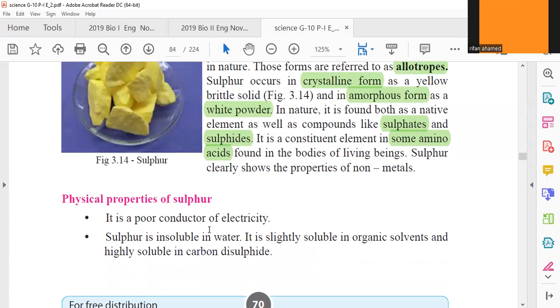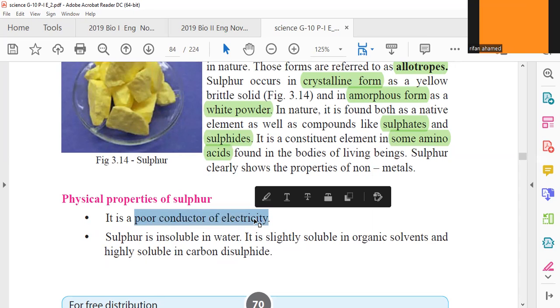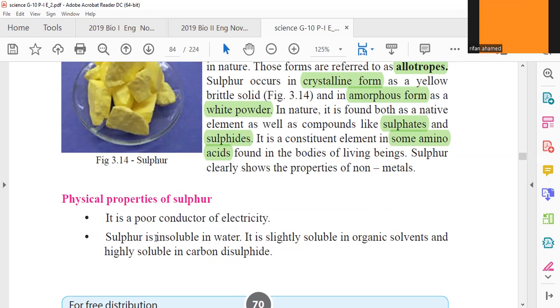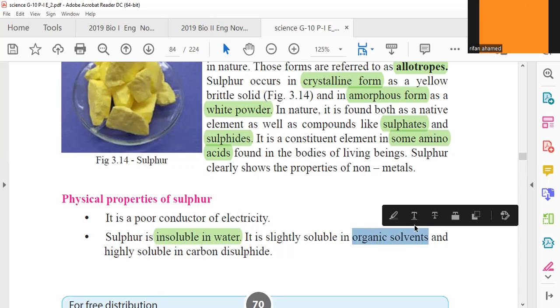Now we come to the physical properties of sulfur. Sulfur doesn't conduct electricity, so your book says it's a poor conductor of electricity. Sulfur doesn't dissolve in water. To dissolve sulfur, you can use organic solvents. Later, in grade 11, inshallah, you will study organic solvents.